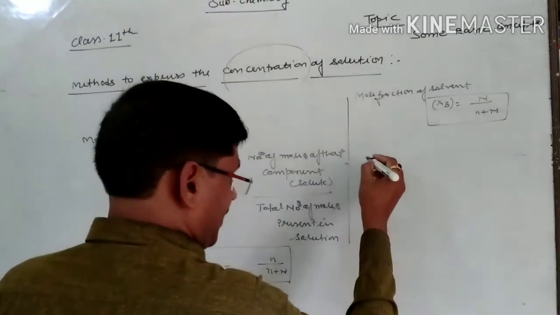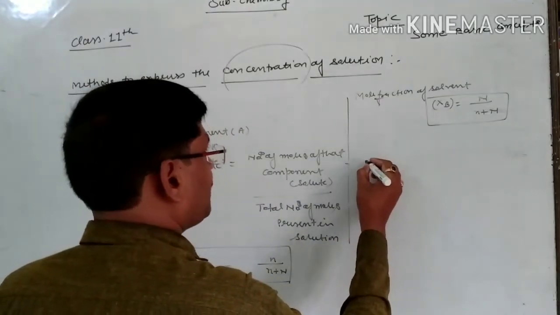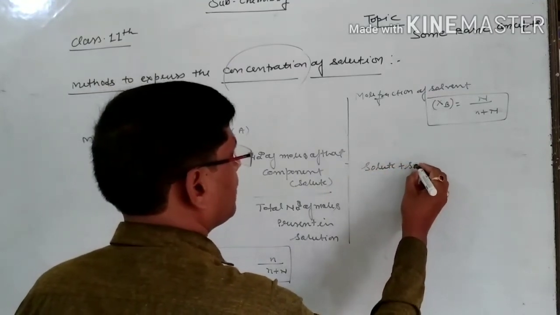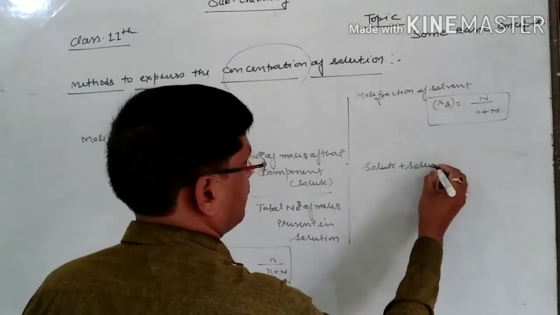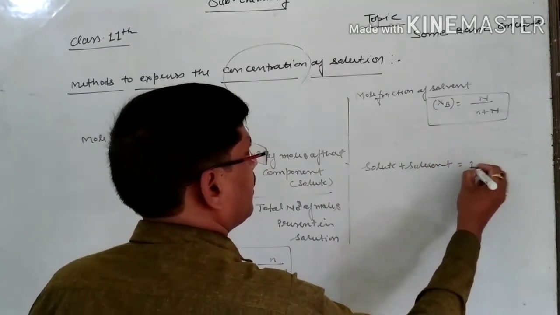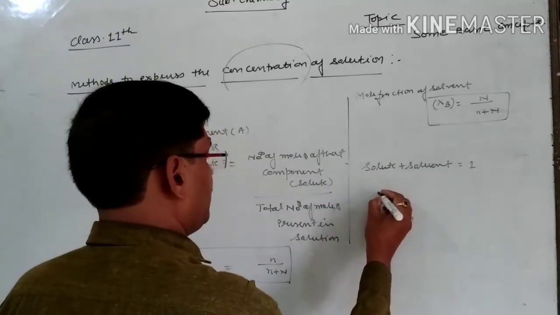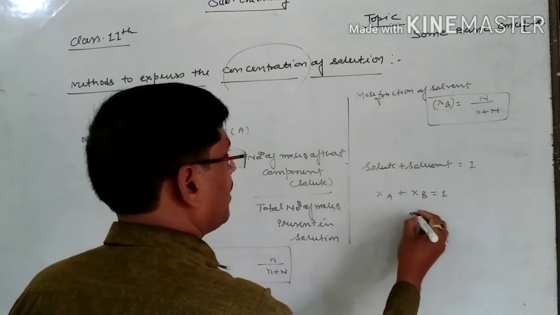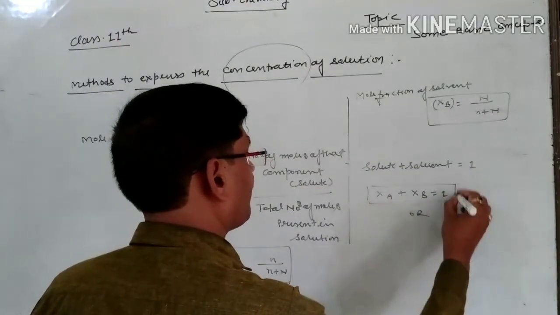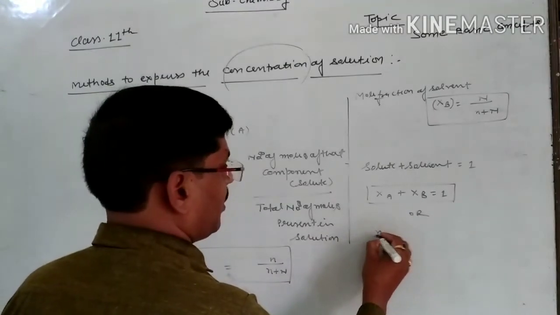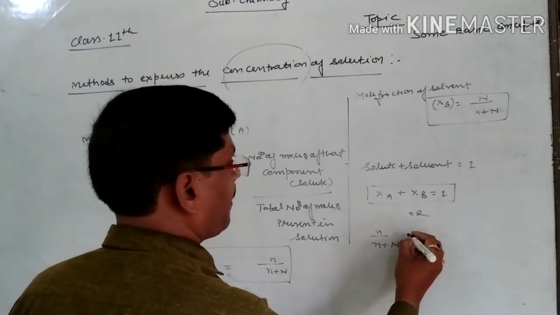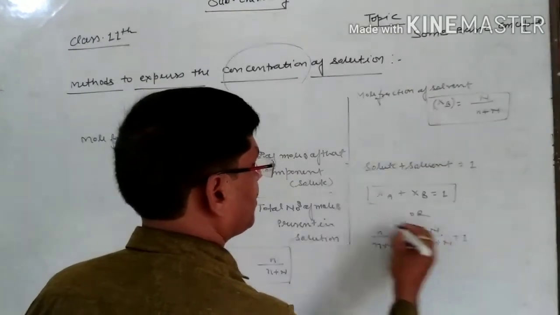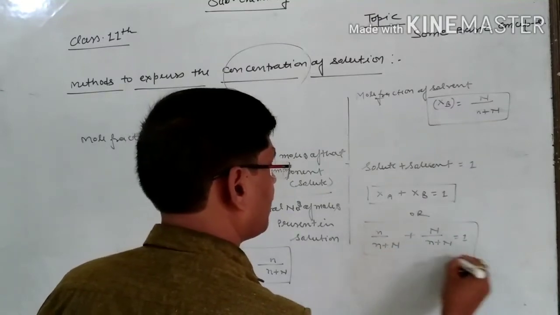And lastly, I want to say the mole fraction of solute plus solvent comes to unity, meaning 1. So XA plus XB is equal to 1, or small n upon small n plus capital N plus capital N upon small n plus capital N also comes equal to 1.